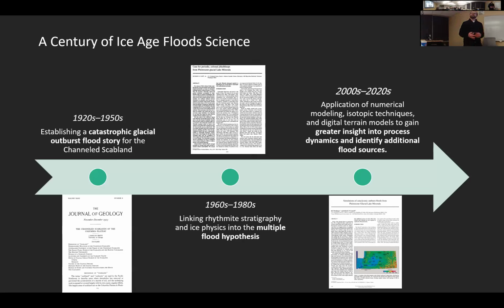This is used to date flood deposits, date boulders, and trace flood sediment. And whether we've had the same sort of quantum leaps forward, I'm not sure is the case, but greater insight into processes, dynamics, and identifying additional flood sources.